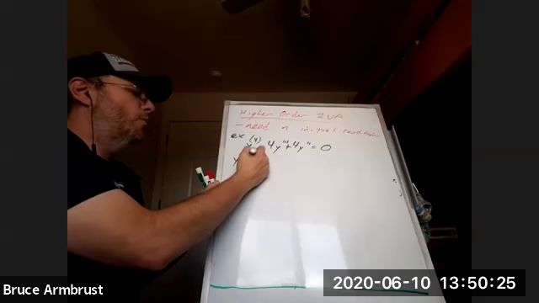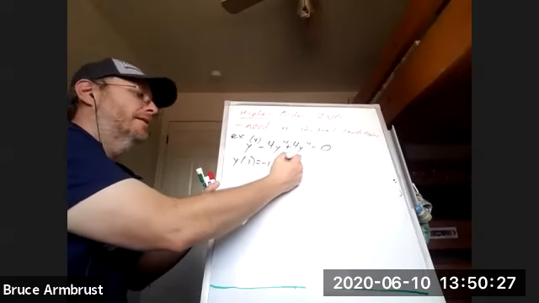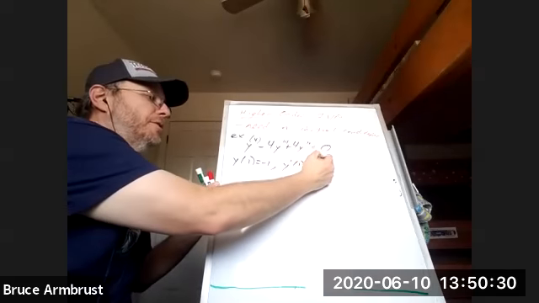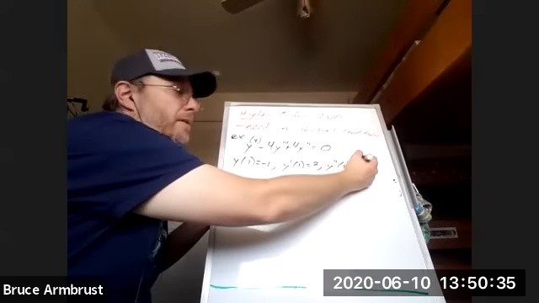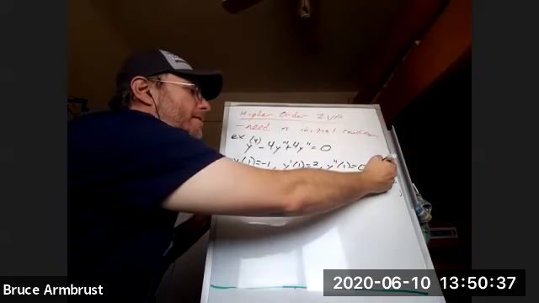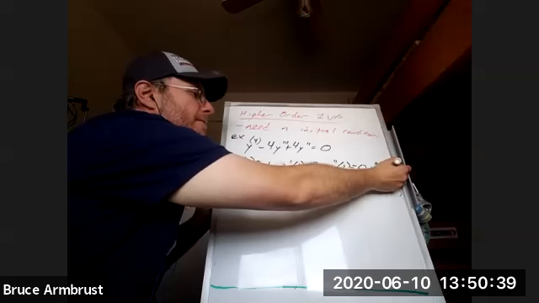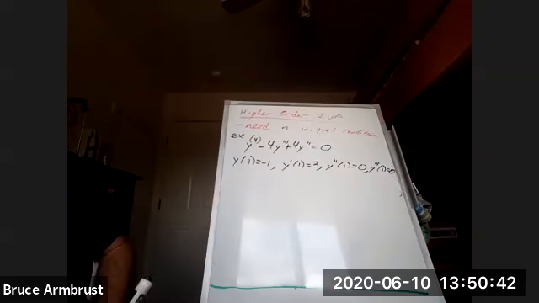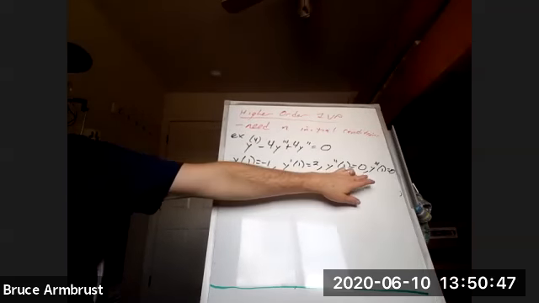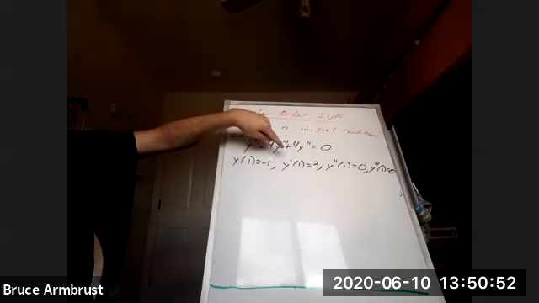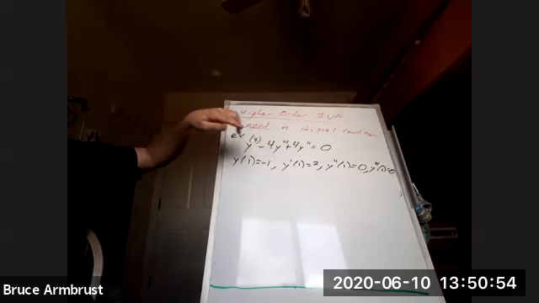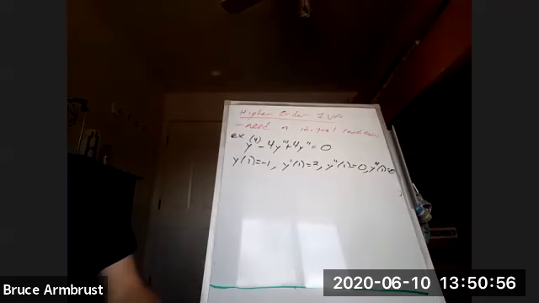So maybe we'd have, say, y of 1 equals minus 1. y prime of 1 is equal to 2. y double prime of 1 is equal to 0. y triple prime of 1, let's say, also equals 0 or something like that. So again, notice that there are 4 pieces of information, and it usually is something about your function, its derivative, second derivative, and so on down the line until you've hit the last one that you need, which is always the n minus first derivative.